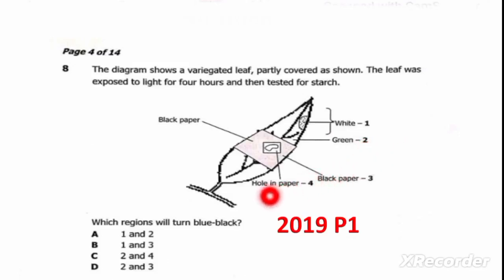The exposed part will also show the presence of starch. So therefore our correct answer here is C. So 2 and 4 will show the presence of starch. So in this video we are going to end here.